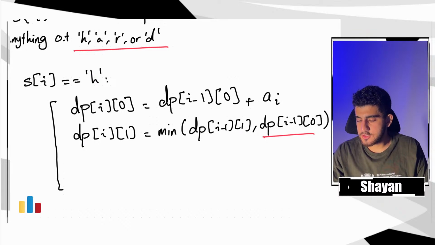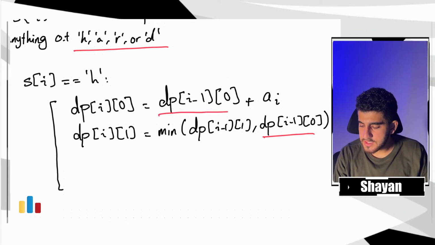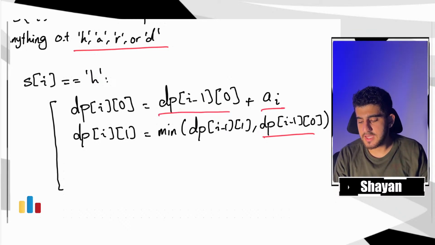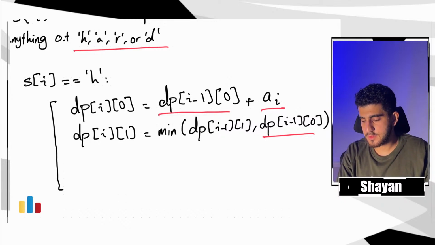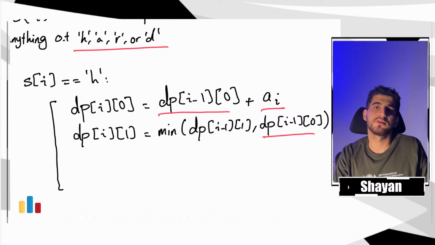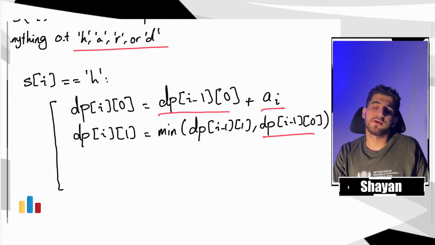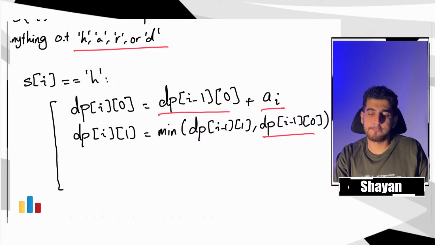So when we are at dp of I minus 1 and 0, either we remove this character and stay at the same place, or we do not remove this character and we will go to dp of I and 1. Okay. So these are the two cases that we have.